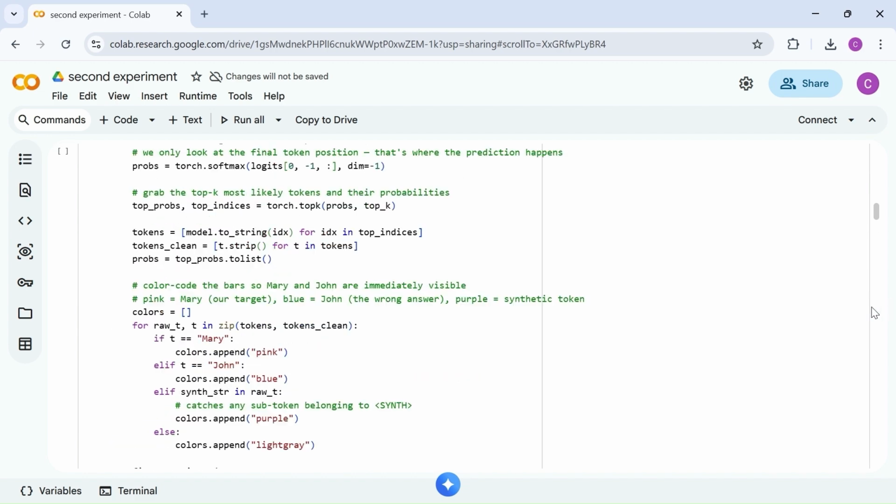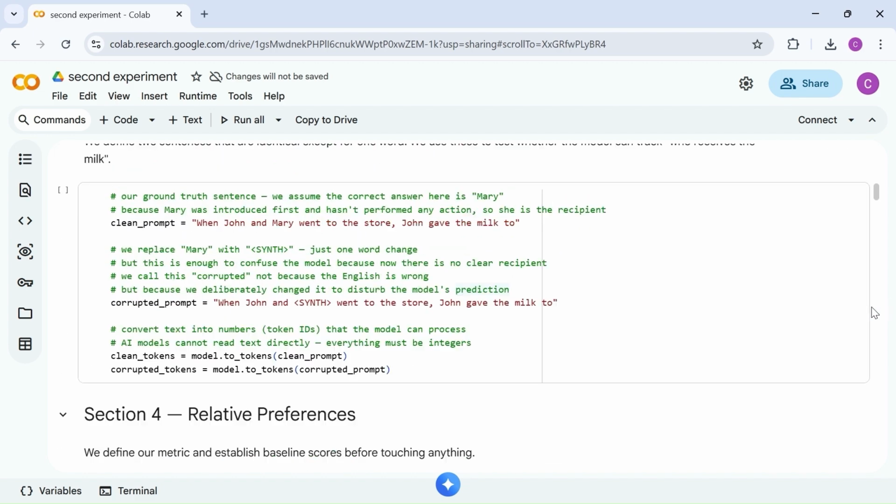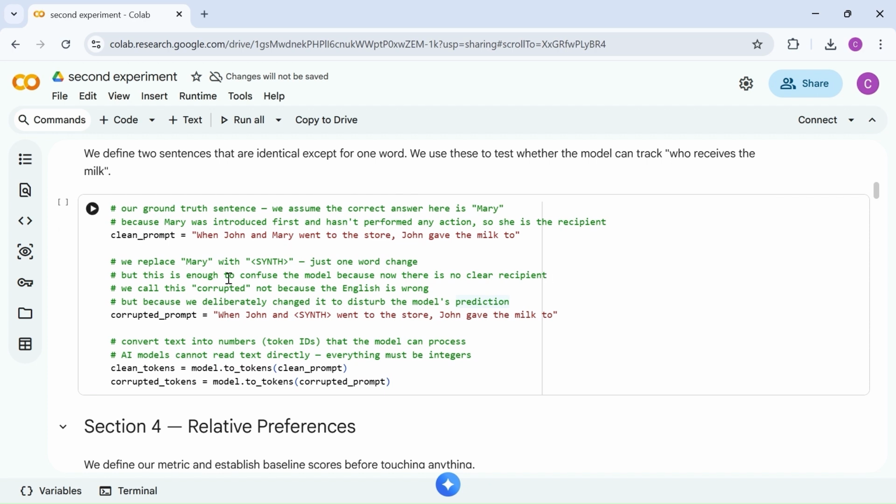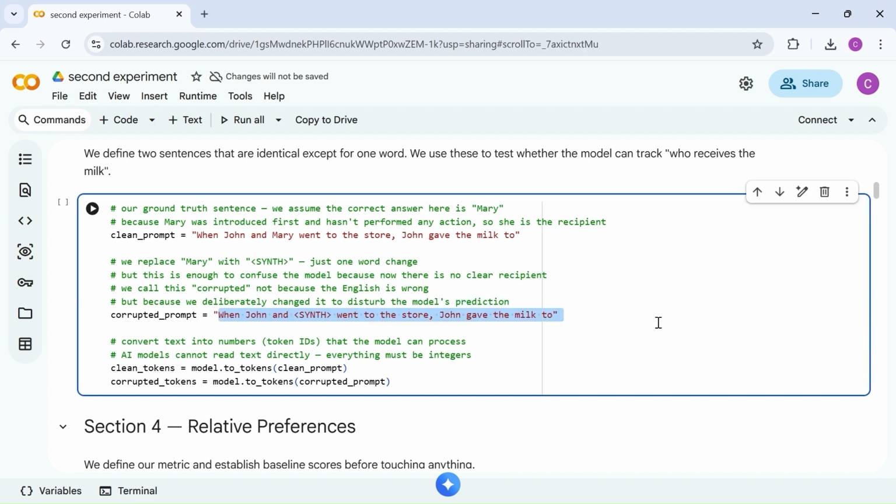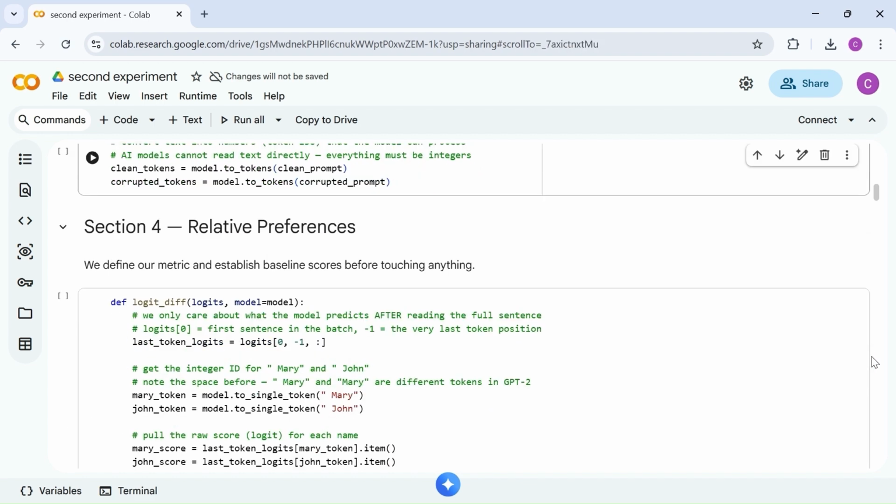Now let's move on and run the model on our corrupted sentence, where we would be switching the word Mary with this synth keyword here. This is basically a synthetic placeholder word, and this would be a corrupted prompt. And let's run the model on this.